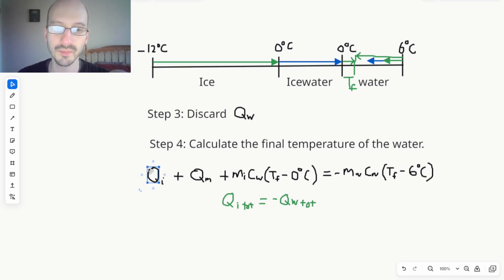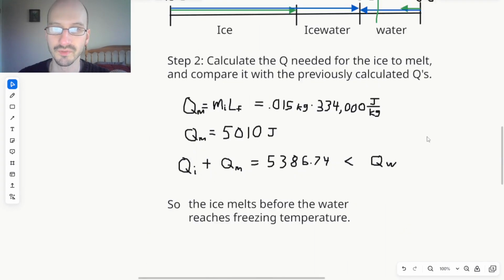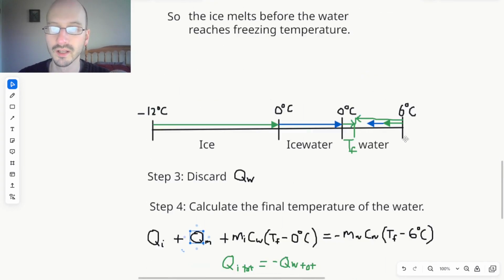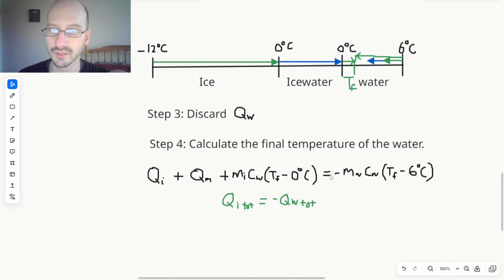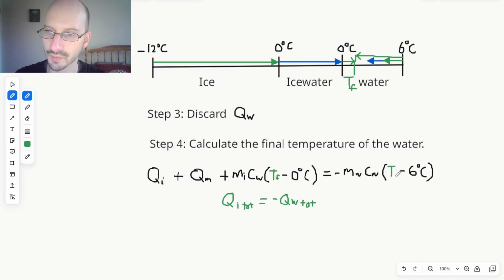We can put in numbers for Q ice and Q melt because we've already calculated those up here. But other than that, again, you're rearranging the equation to solve for temperature final. Let's just replace those with green again. You're solving to find for temperature final, like we did with the previous problem. The algebra is going to be about the same. The 0 degrees is nice because that means you don't have to do anything with that.